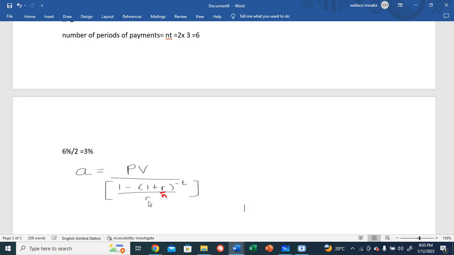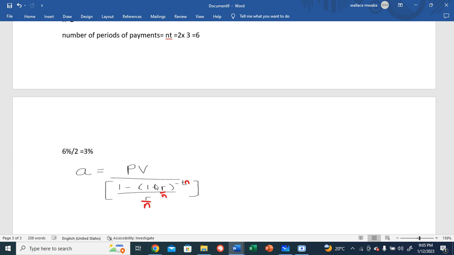This r here, you divide it by n. And this t here, you multiply it by n, all right? Then you put this in your formula, you are going to get your discount factor. That's another way we could have gone about it.